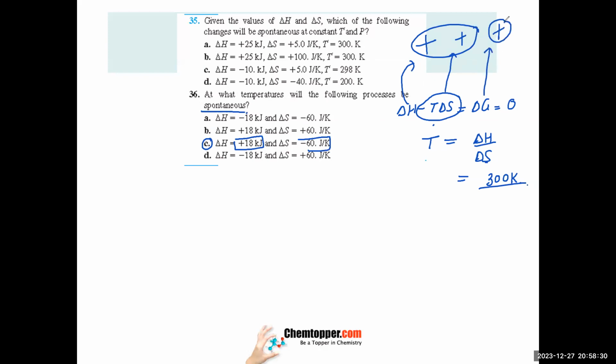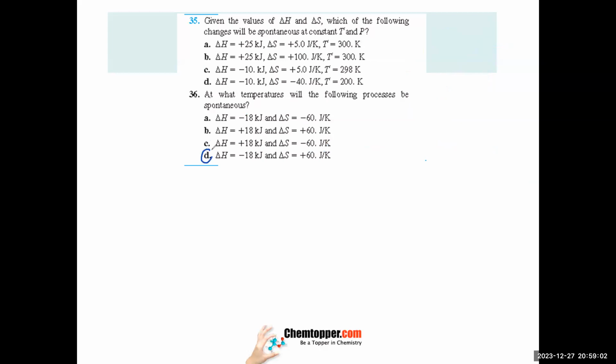Positive, at all temperatures. Yes, Sammy, good. So, delta G is positive at all temperatures. This process, C, is non-spontaneous at all temperatures. Right? We are good?